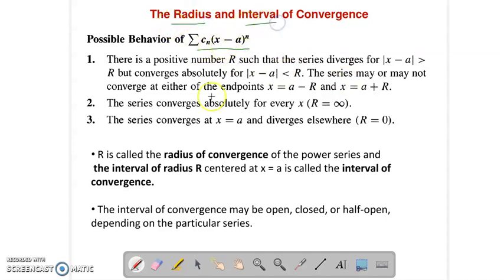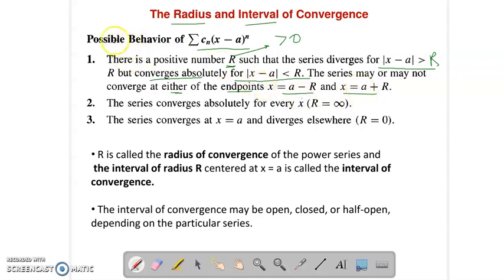There is a positive number r such that the series diverges for mod of x minus a greater than r but converges absolutely for mod of x minus a less than r, right? The series may or may not converge at either of the endpoints. As we saw in the examples, on the endpoints the behavior could be different.